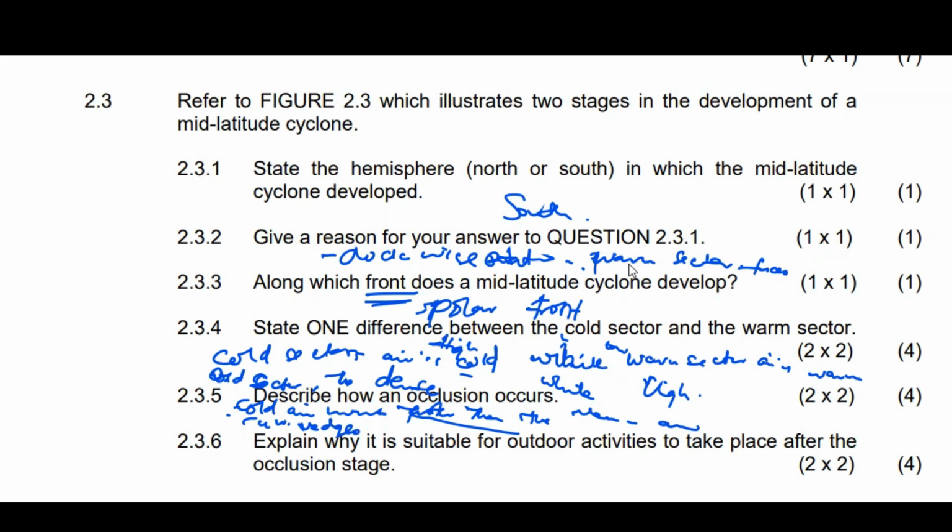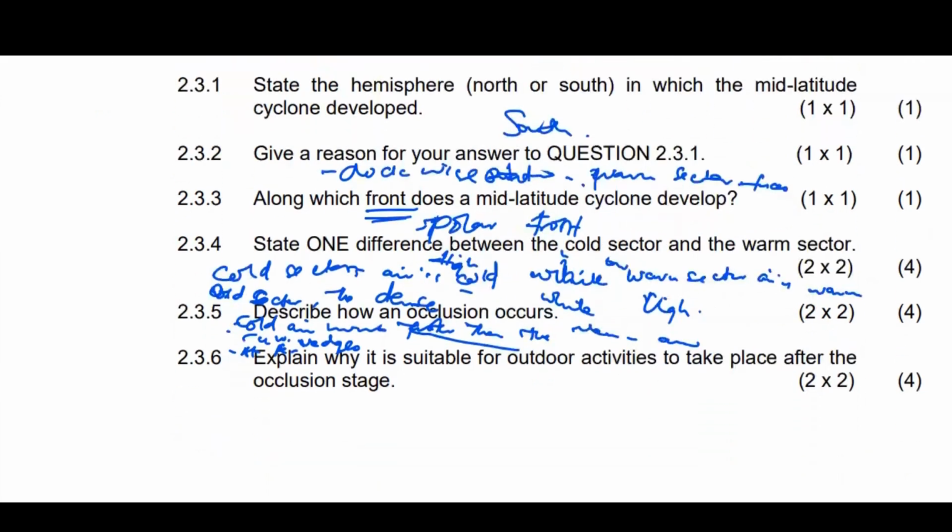And what happens at the apex? We shall have the two fronts meeting, which results in the occlusion stage. So you can see, learners, that this is the same way the question was asked, so I won't dwell more or take more time there.